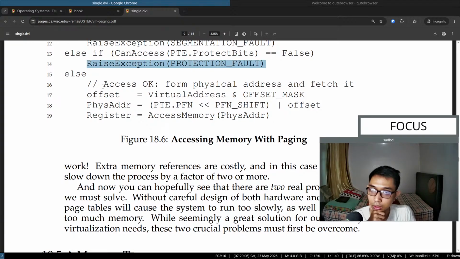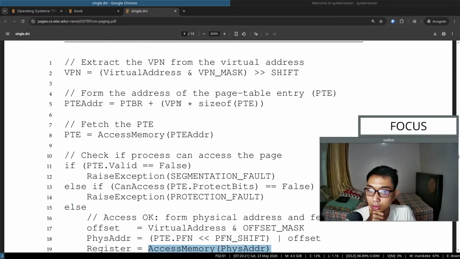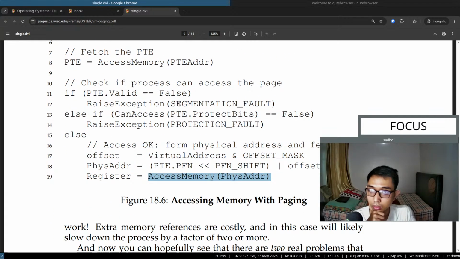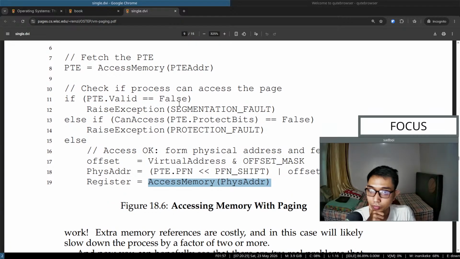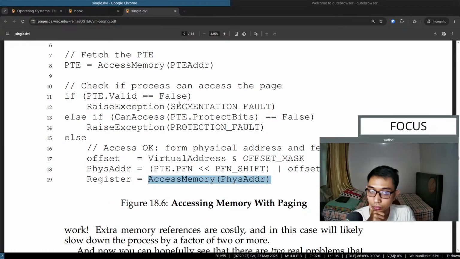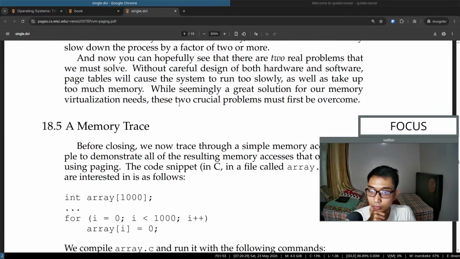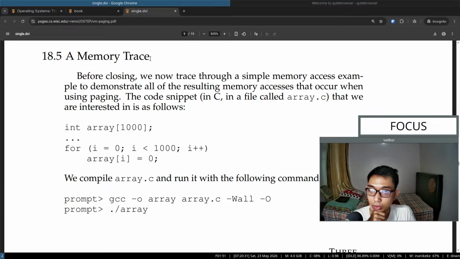Okay. Access okay. Form the physical address and fetch it, with this instruction, access memory. Okay, a memory trace.